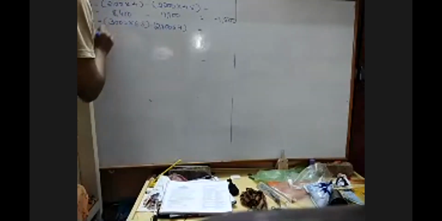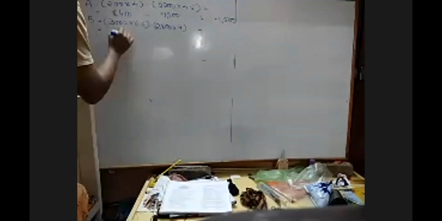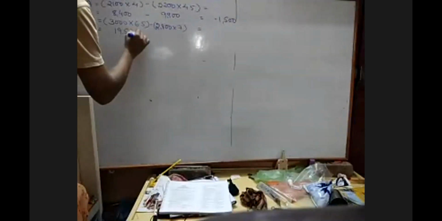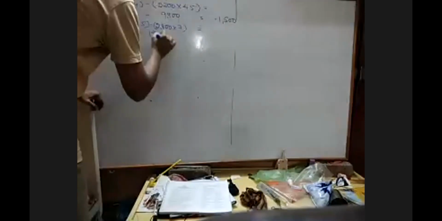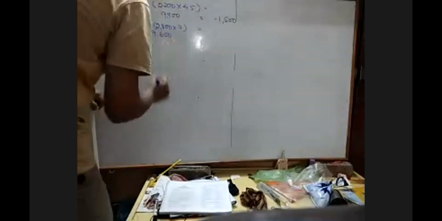So that will be 19,500 minus 19,600. Again it is minus 100, adverse. Yes, sir. Exactly.